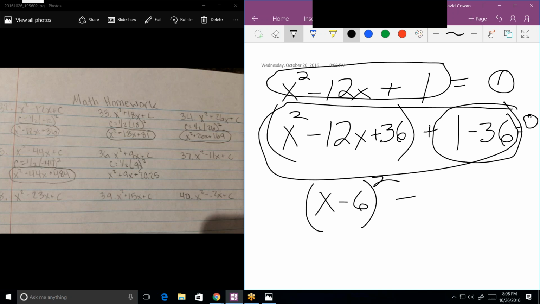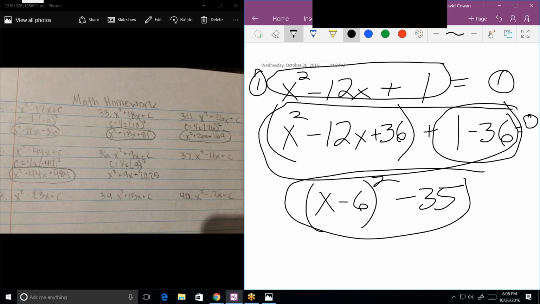That's minus 35. That expression is identical to my top row. The advantage of it is that that's vertex format. They gave you a quadratic in standard format, and they wanted you to put it in vertex format.